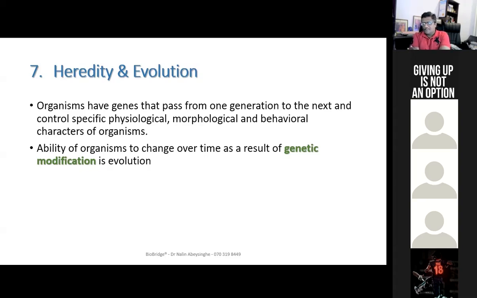Species is, if two organisms can reproduce fertile offspring, they belong to the same species. Those things will be discussed later. But now the characteristics are passed from your parents to you, right?